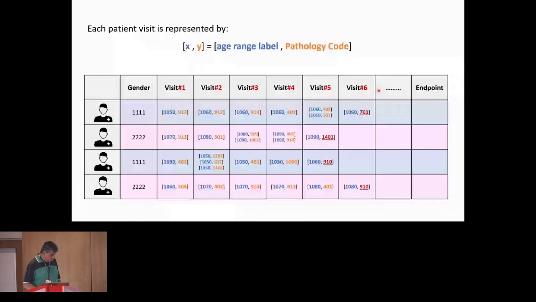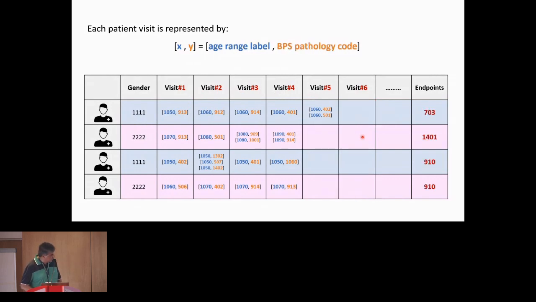Okay, so now if you look at this matrix, for each visit we have the gender, the visit number 1, visit number 2, and so on. Then we have the endpoint, or each endpoint that we have interest in, we took it and put it in the endpoint because we would like to use it as a label in our model.